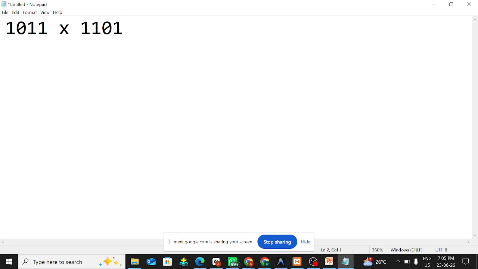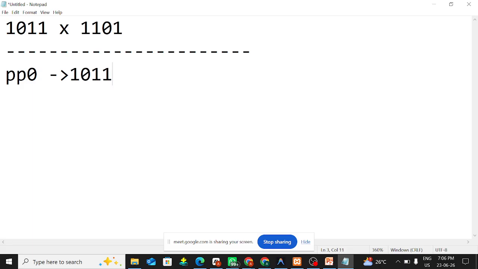So what are your partial products? If you multiply the first one with these elements, then PP0, partial product 0, will be 1 multiplied with this number, so you get the same 1 0 1 1.